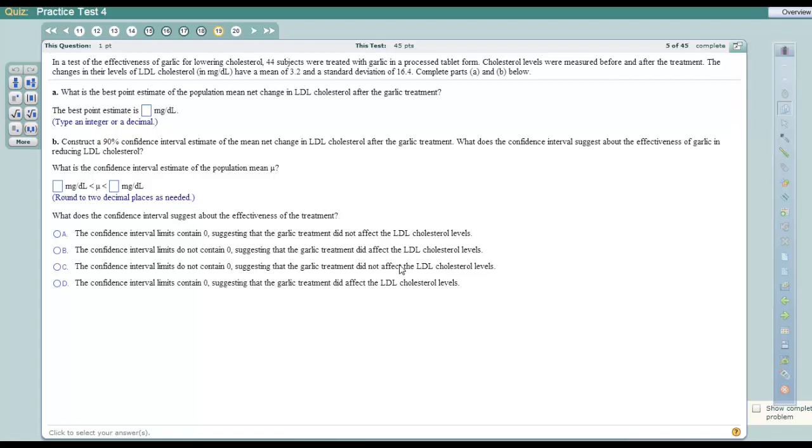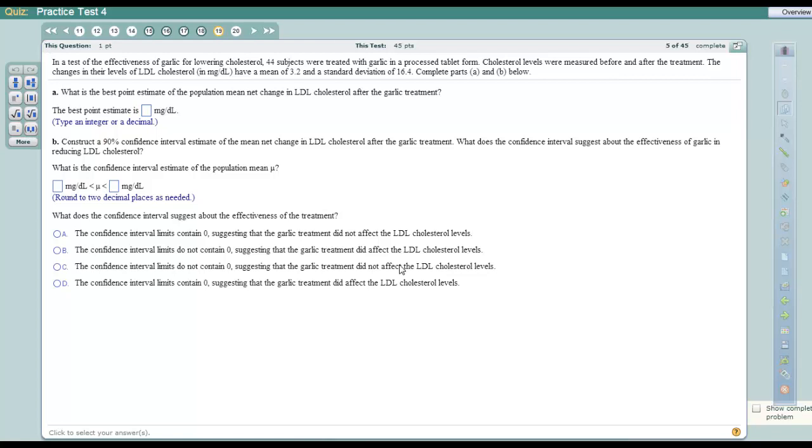Then they ask us to construct the 90% confidence interval estimate of the mean net change in LDL cholesterol after the garlic treatment. What does the confidence interval suggest about the effectiveness of garlic in reducing LDL cholesterol? What type of interval are we going to do? T interval or Z interval?